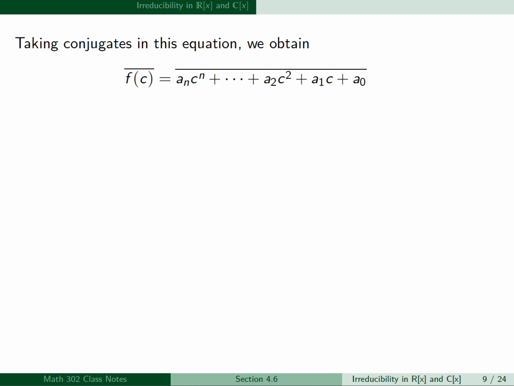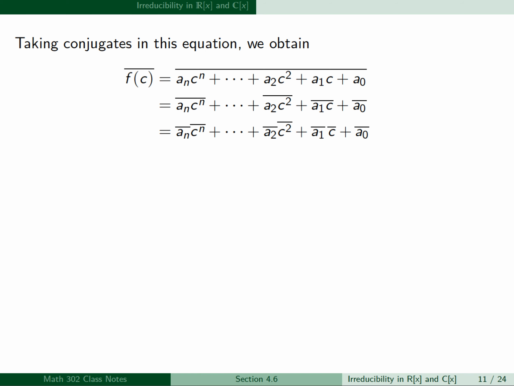And we now know that the conjugate of a sum is the sum of the conjugates, so this will be a_n c^n bar + ... + a_2 c^2 bar + a_1 c bar + a_0 bar. And we know that the conjugate of a product is the product of the conjugates, so this will be a_n bar c^n bar + ... + a_2 bar c^2 bar + a_1 bar c bar + a_0 bar.